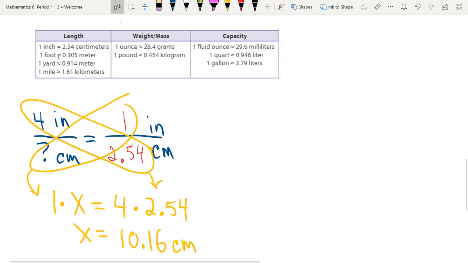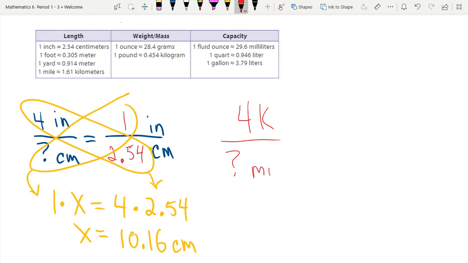How about miles to kilometers? Actually, what if we had 4 kilometers and we want to know how many miles? Okay. I look at my chart. First thing I do is I set it up exactly the same.